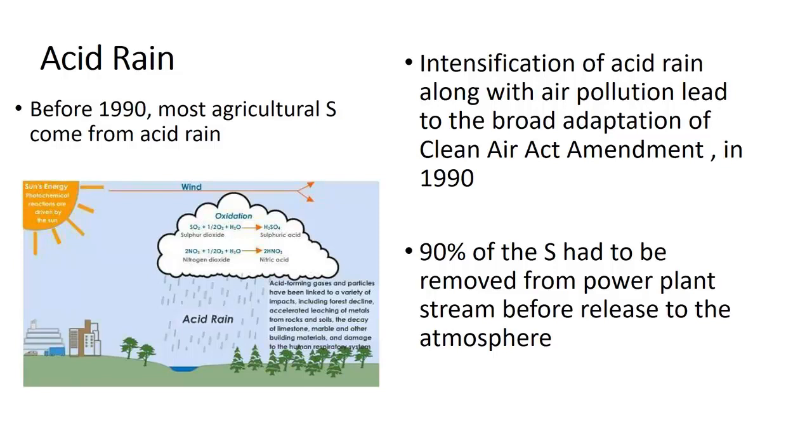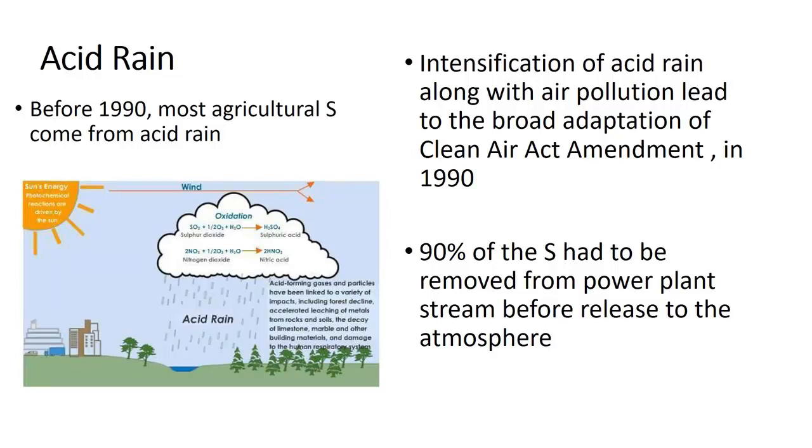Because of environmental concern, in 1990 we had a broad adoption of the Clean Air Act Amendment, which had power plants remove the sulfur from their stream before they release it. As a consequence, we're losing most of the sulfur that we used to get from acid rain.